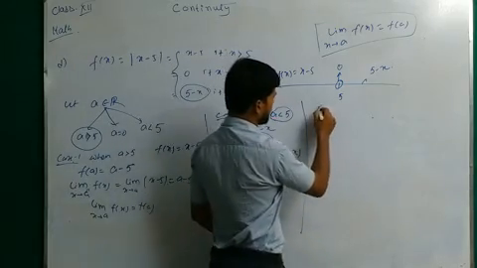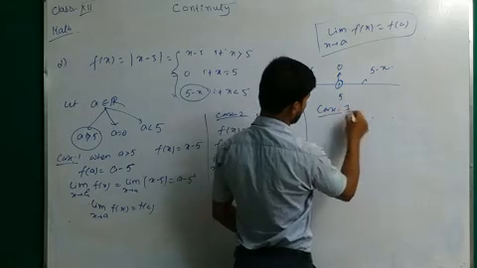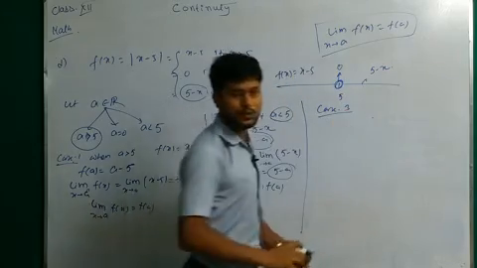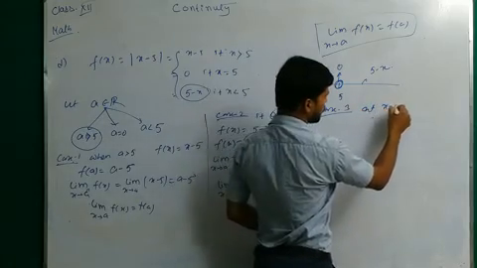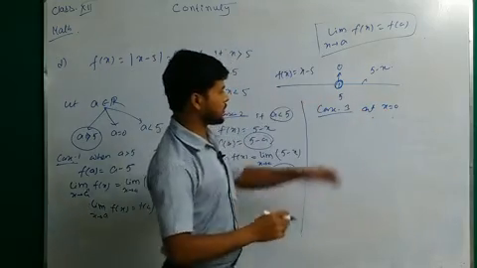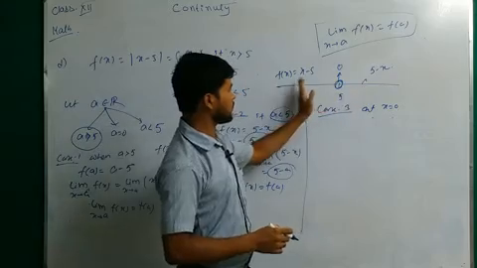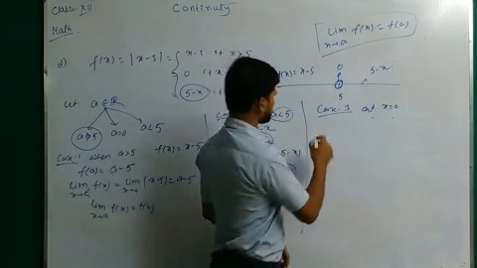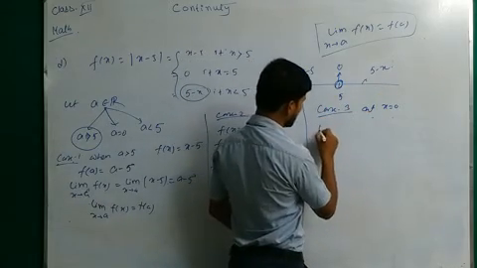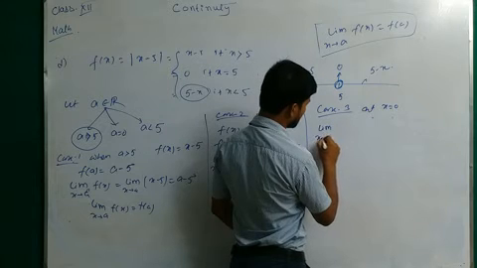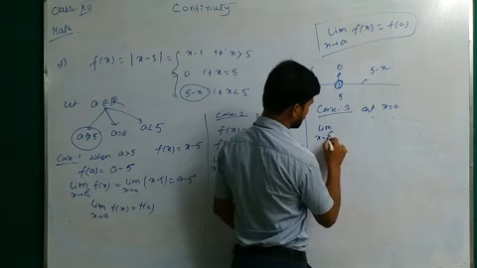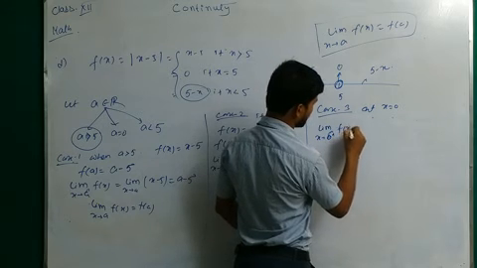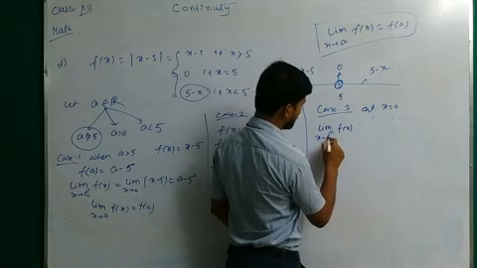Now the third case, we have to check whether the function is continuous at x equal to 5 or not. In that case we will consider the left hand limit and the right hand limit. So first we will consider limit x tends to 5 plus f of x.